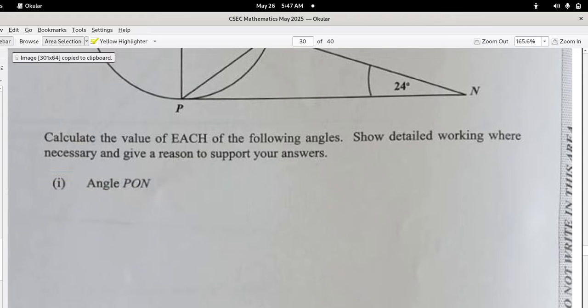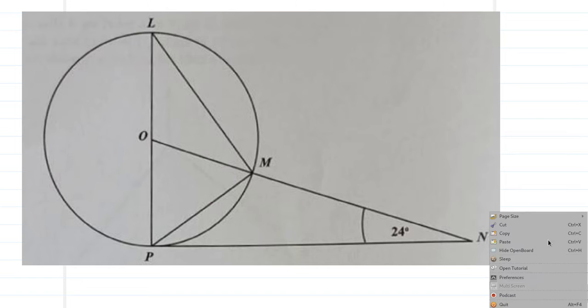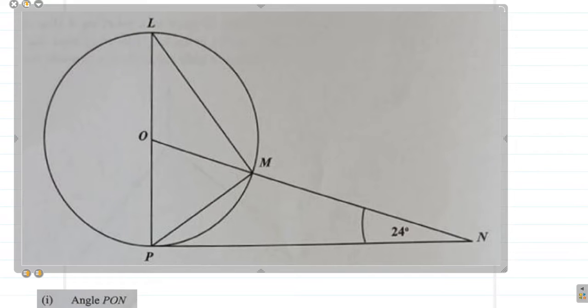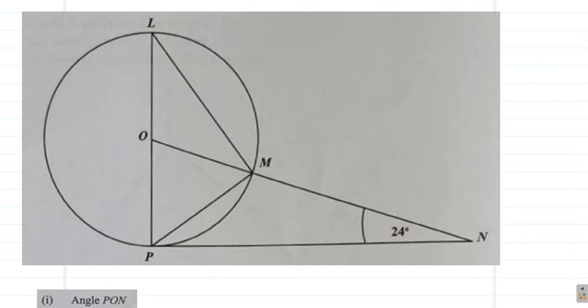Paste. So angle PON is the angle that you want here. Alright, so let's see how this goes. This angle they want you to find.